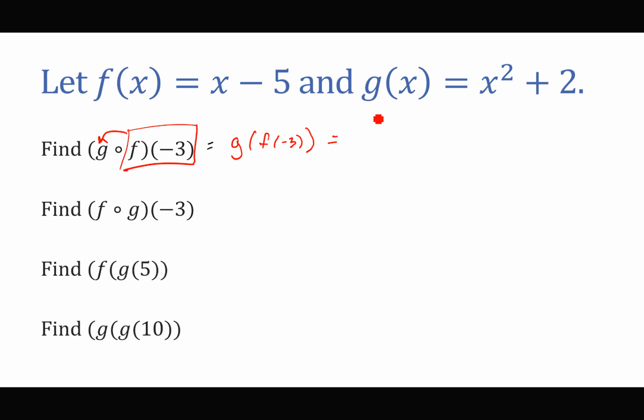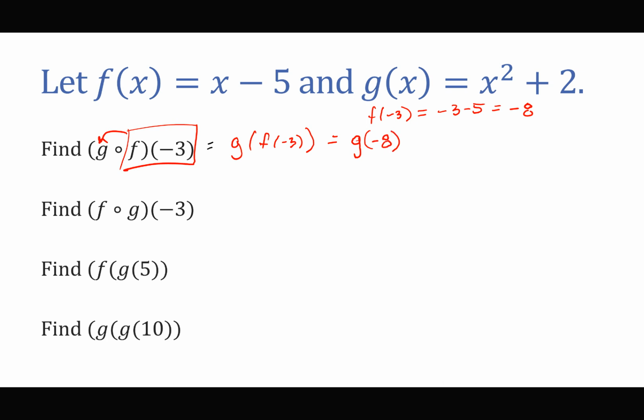So what this is saying, well, first we got to figure out what f of -3 is. And so that would be -3 minus 5 to become -8. So now I'm going to write g, instead of writing f of -3, I know that's -8.